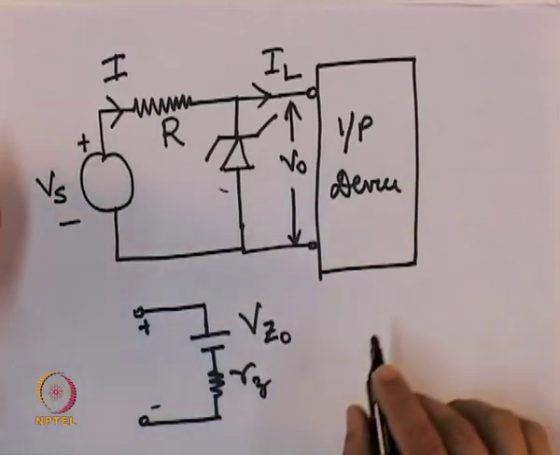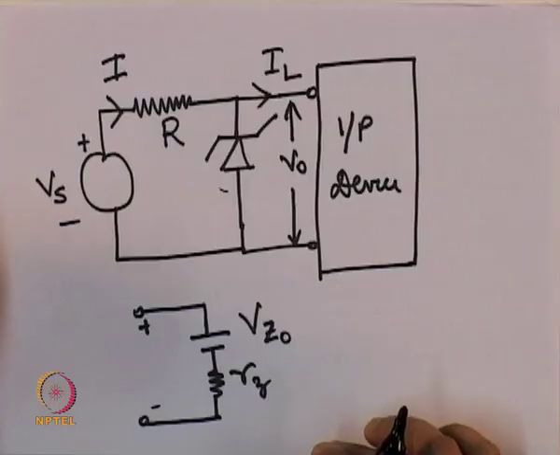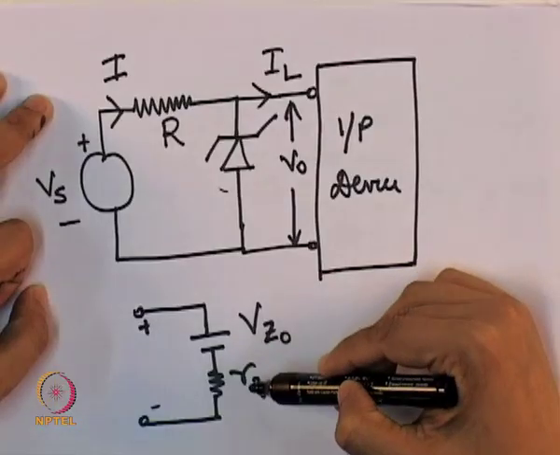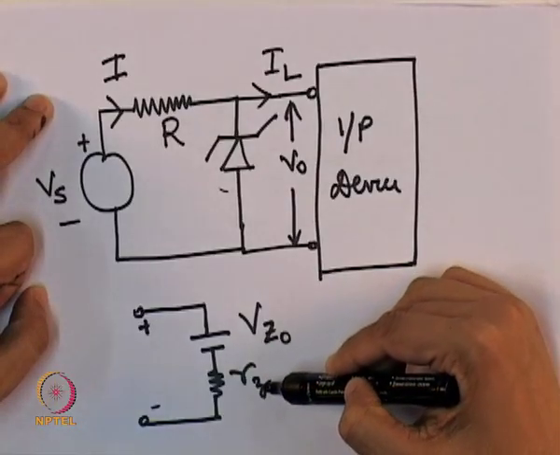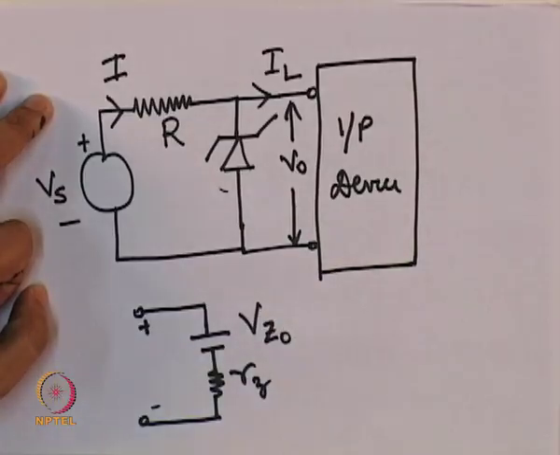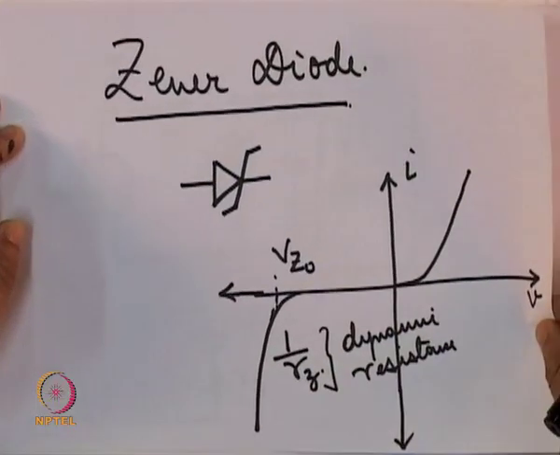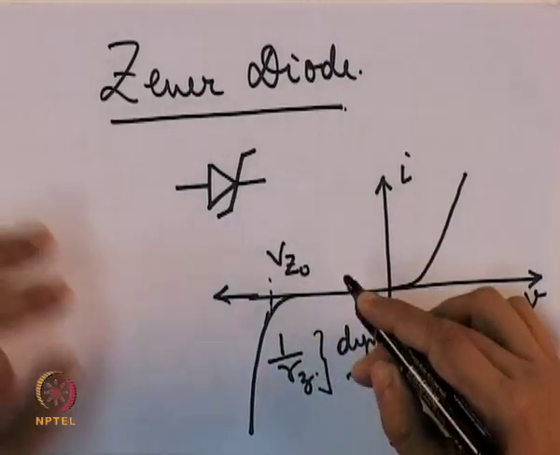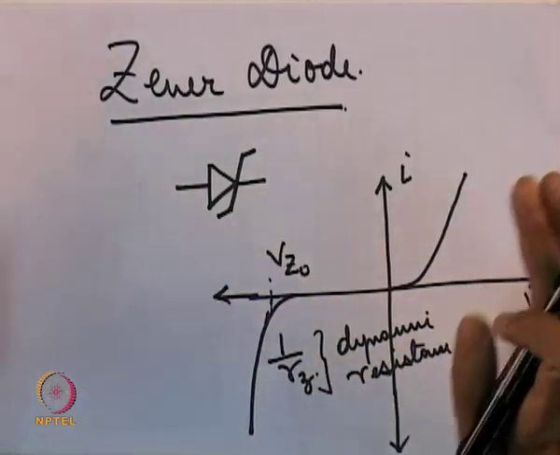So, how to analyze this? Now, first of all, see that this Zener diode has an internal resistance R z, and also the characteristics of a Zener diode are like this. So, it is not a perfect cutoff circuit.